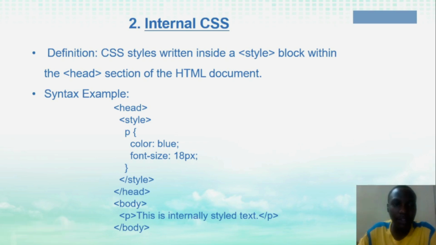In the syntax example, here is the head: there's a tag to open the head and then to close it. Then you input the styles that you want for your table. Then there's paragraph color blue. You can change it to any color you want, as we've seen in the activity before. Then the font size is 18 pixels.